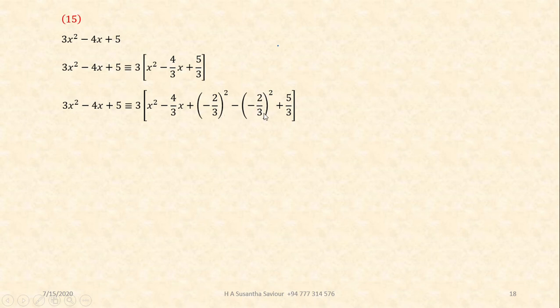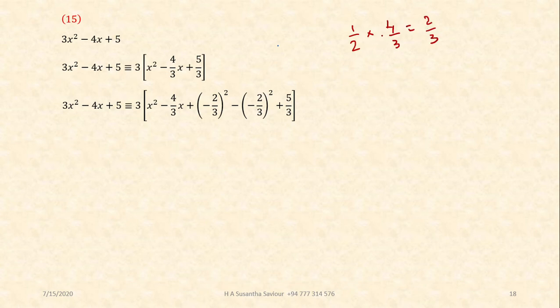2 over 3 squared. Right? I think you understood how I got this 2 over 3. Half of 4 over 3 is 2 over 3.